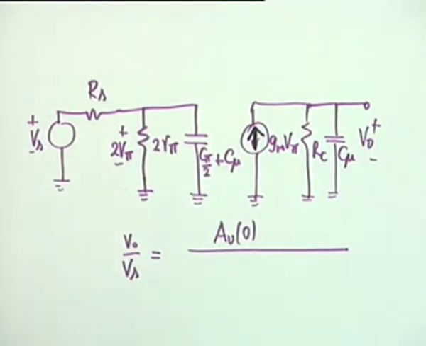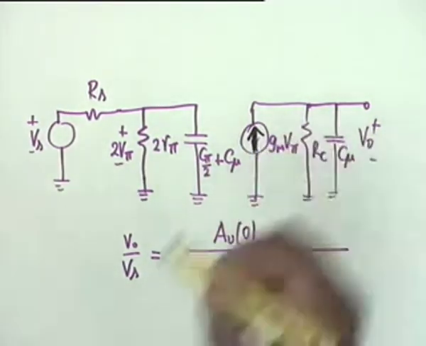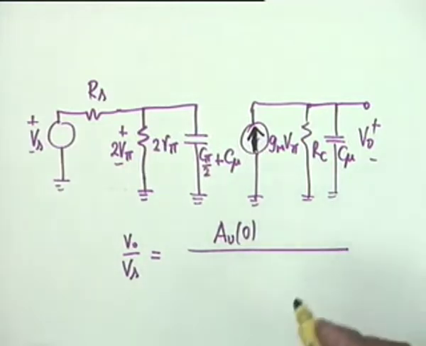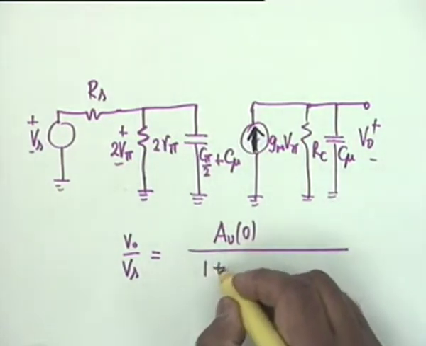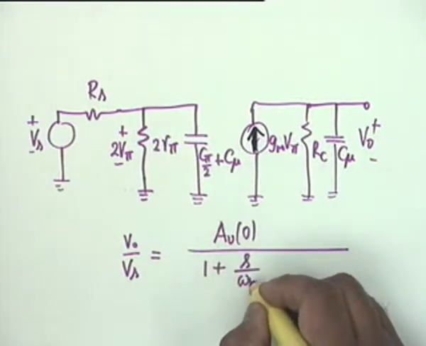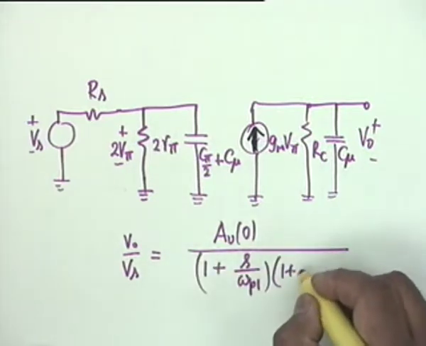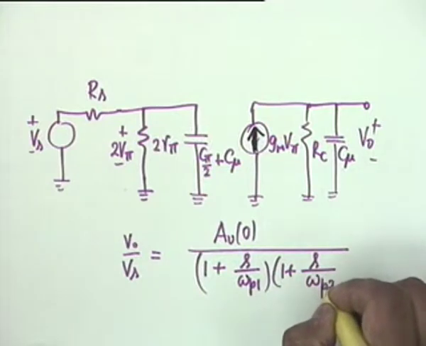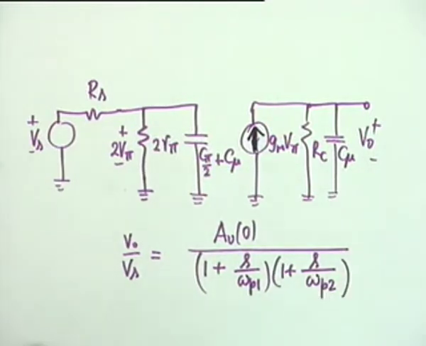There is no phase reversal. Wonderful. By looking at it, we could derive the result that this must be of the form 1 plus s by omega P1, 1 plus s by omega P2, where the values of omega P1 and omega P2 are also obvious. All three quantities are obvious.